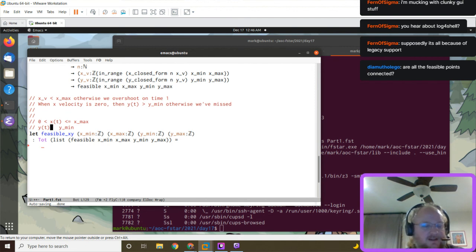What I was thinking is that we could prove we're getting closer to these constraints, but I don't actually have a good idea how to do that.